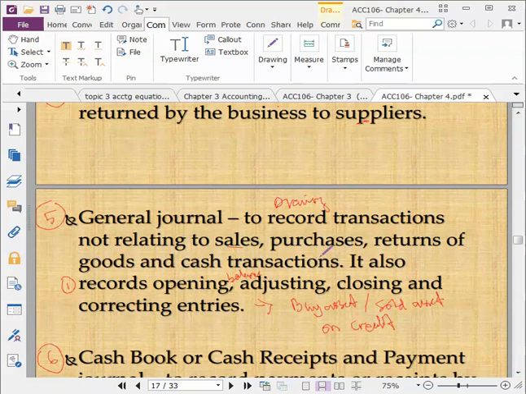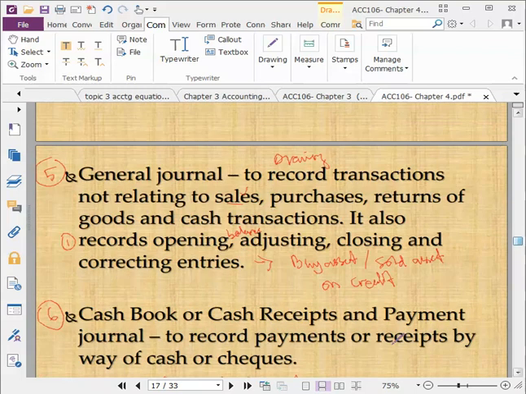Selain daripada kita letak kat sales journal, sales journal adalah credit sale, purchase journal adalah credit purchase. So return of goods tu maksudnya return inward dan return outward. Cash transaction tu yang cash receipt dan cash payment, dia ada dua sebenarnya: cash receipt journal and also cash payment journal.